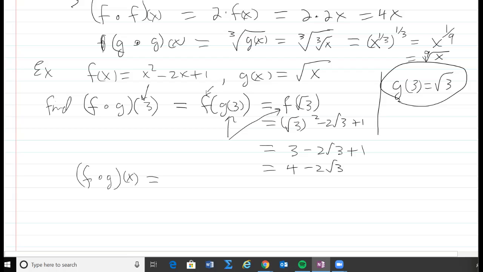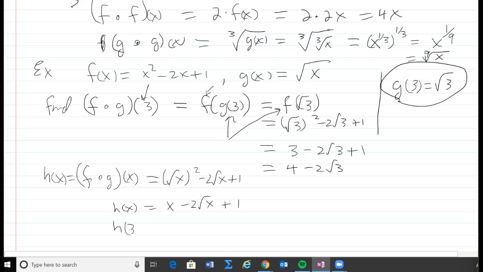So I would take that root x, square it, minus 2 root x, add 1, which is just x minus 2 root x plus 1. If that were considered this h of x, then that's my new function. Then I can compute anything I want.